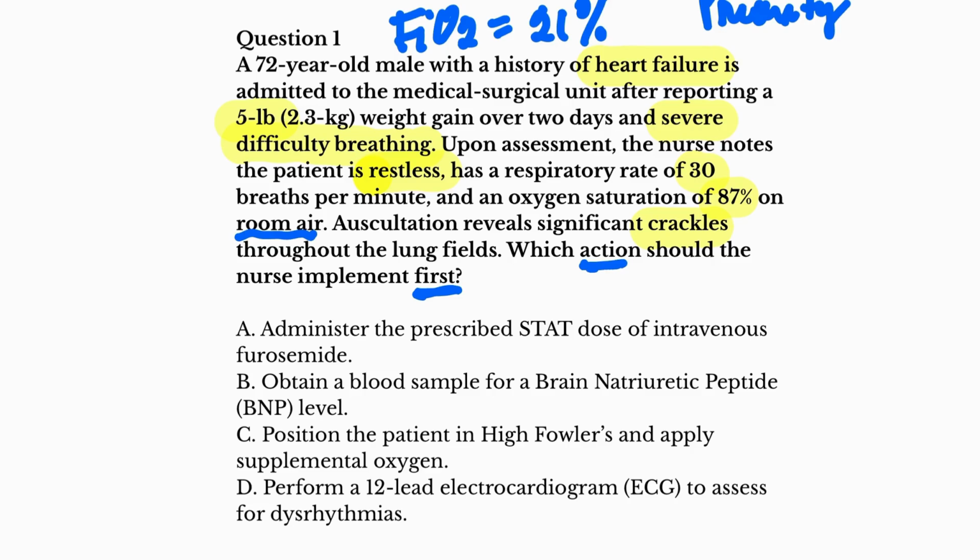So let's look at the choices one at a time. Let's start with choice letter A. It says administer the prescribed stat dose of intravenous Lasix. Now, yes, one of the medications that you're going to see when patients have crackles and patients have congestive heart failure, right?